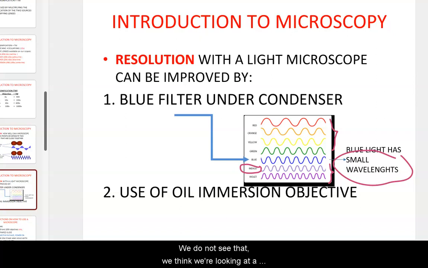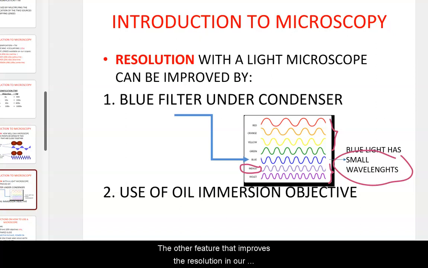We do not see that. We think we're looking at a white light, but we're not. The microscope is actually using a purple light because a purple light will create better resolution as purple light has smaller wavelengths. So that is one feature of the microscope that allows us to improve the resolution.